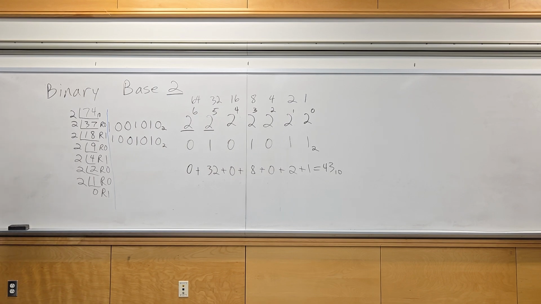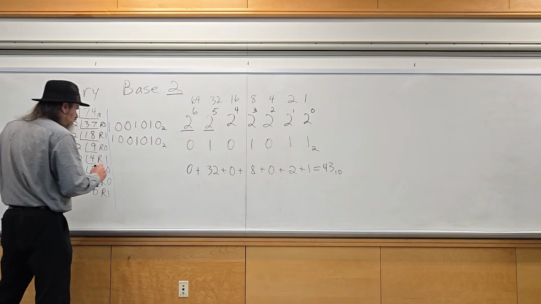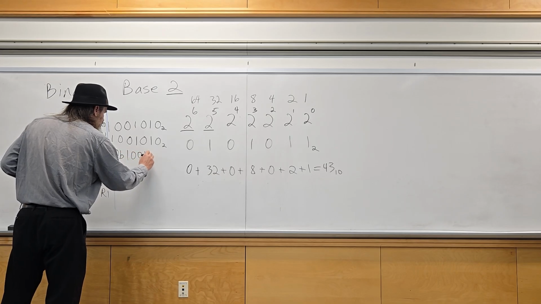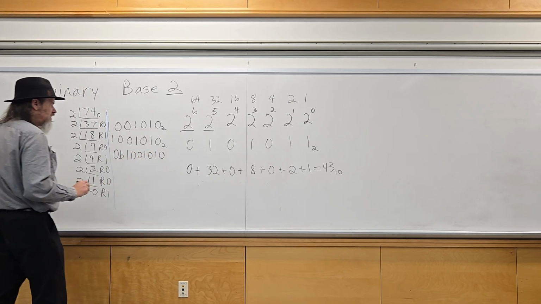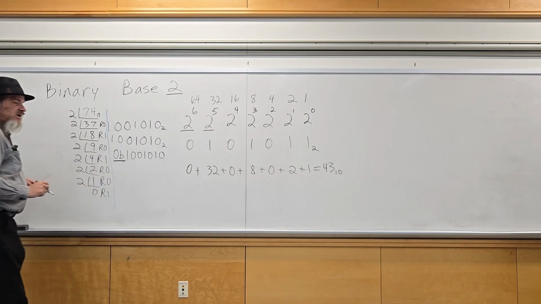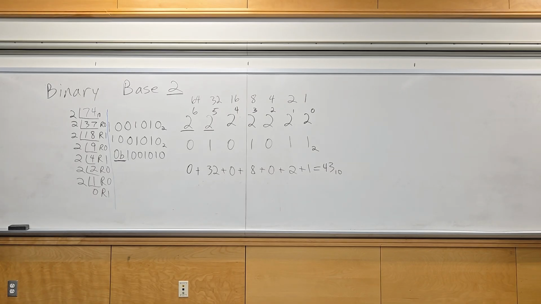Now, in the case of computers, another way to represent a binary number would be 0B 1 0 0 1 0 1 0. This 0B at the beginning indicates that the following number is binary.